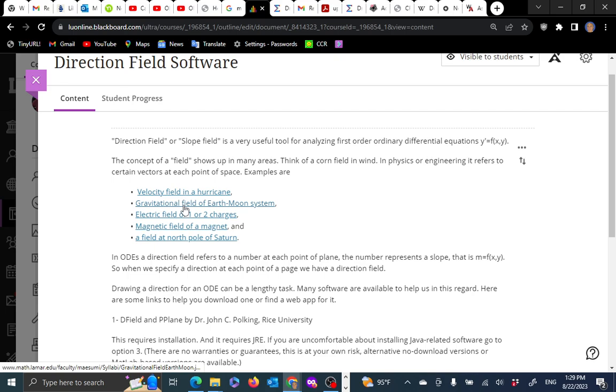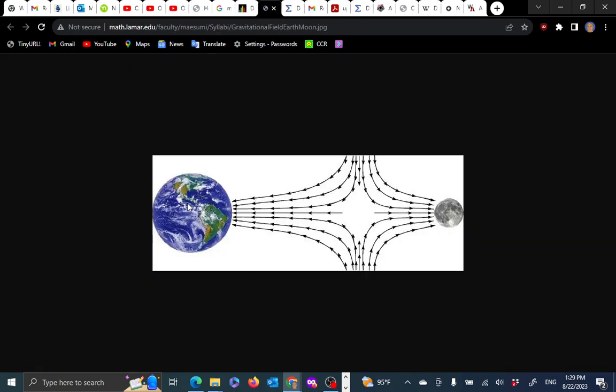The next example is gravitational field of say a bunch of planets and so on. If you're looking at the Earth and the Moon, and you have some satellite somewhere, some mass somewhere in space, there's going to be a force exerted on this. So consider a mass of a kilogram in space. It's going to be pulled in a certain direction.